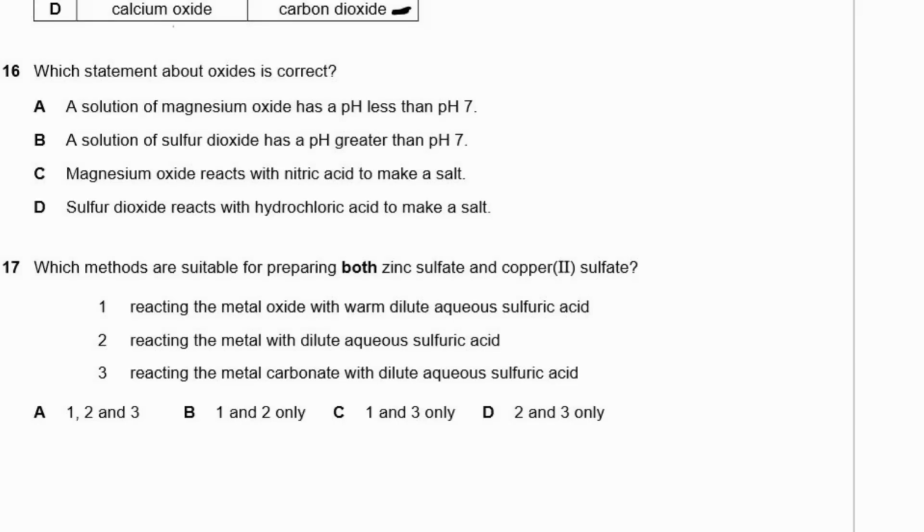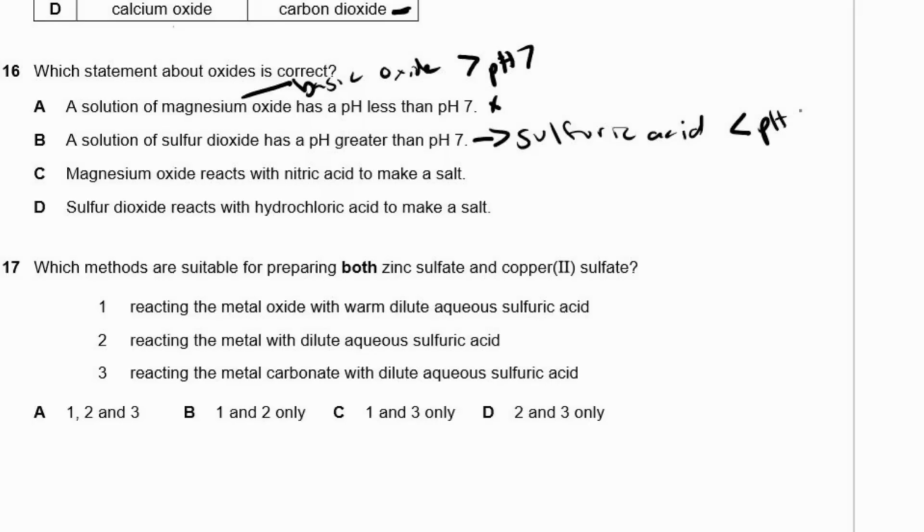Question 16. Which statement about oxides is correct? A solution of magnesium oxide has a pH less than pH 7. Well, magnesium oxide is a basic oxide, which means it has a pH greater than pH 7. So that is a no. Solution of sulfur dioxide has a pH greater than pH 7. Sulfur dioxide produces sulfuric acid when it reacts with water, so that'll be a pH of less than pH 7.